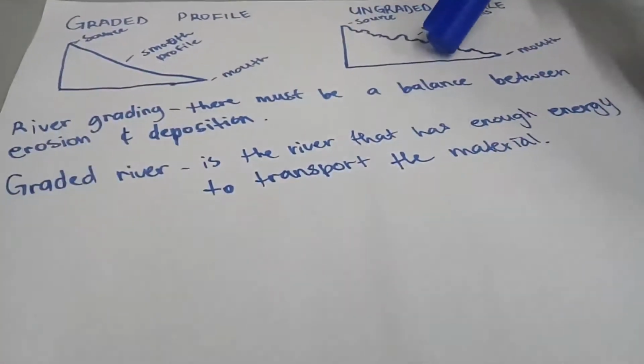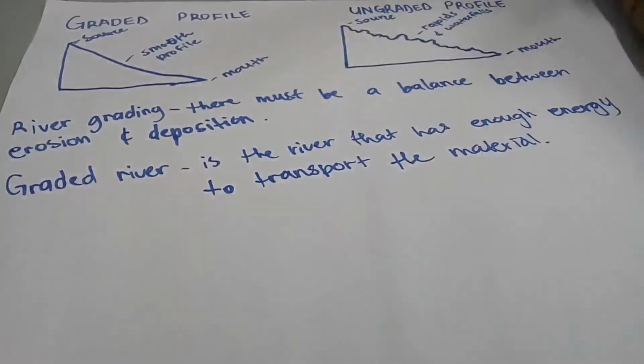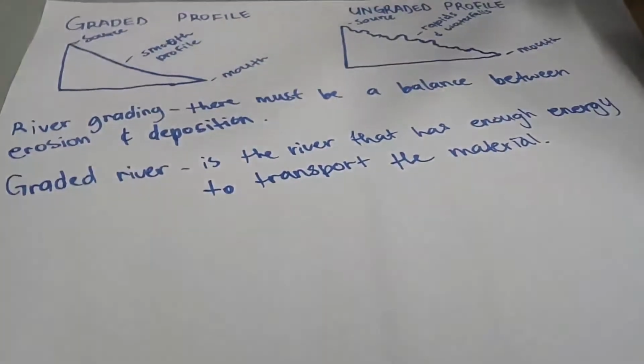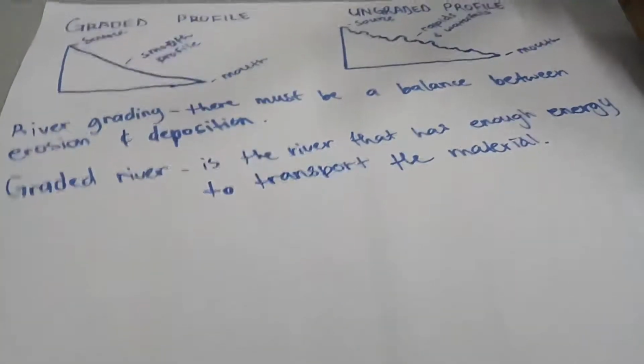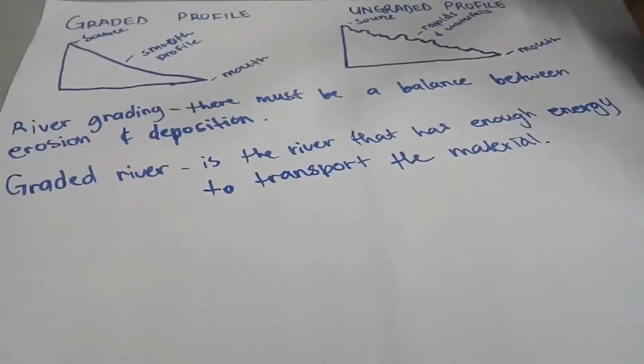But this one, it's obvious that it has not enough energy to transport the eroded material. So the eroded material will end up falling in the middle course, in the upper parts of the lower course, and also in the lower course, causing the river to be ungraded, to have folds and an uneven path, forming rapids and waterfalls. That's how it goes.